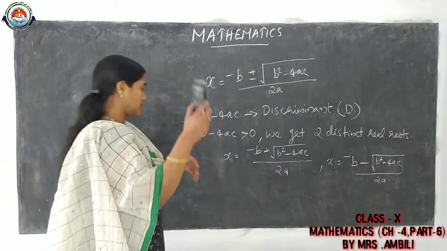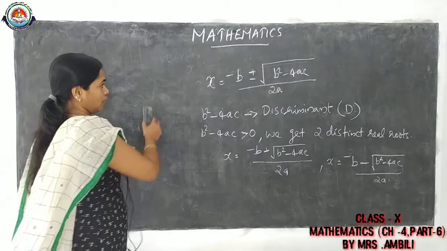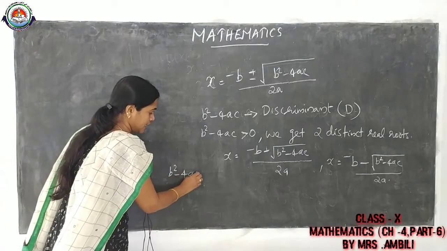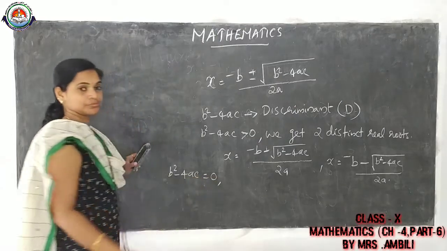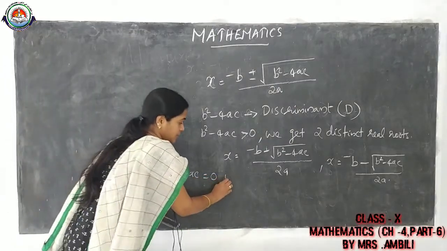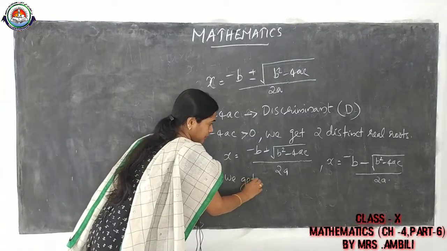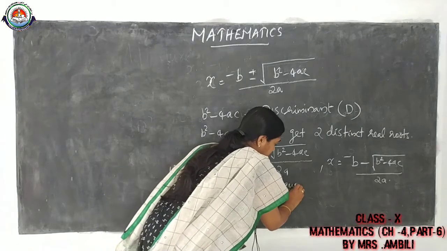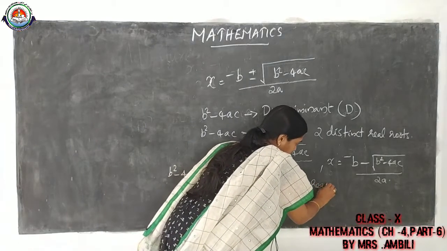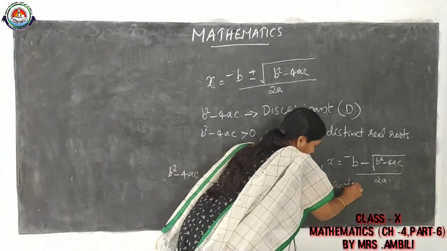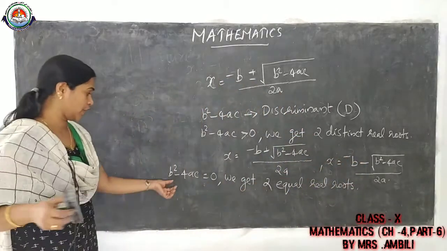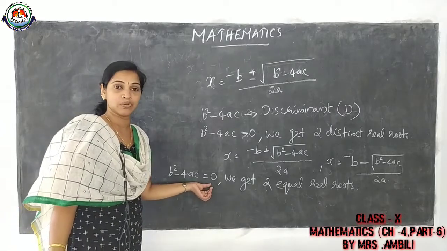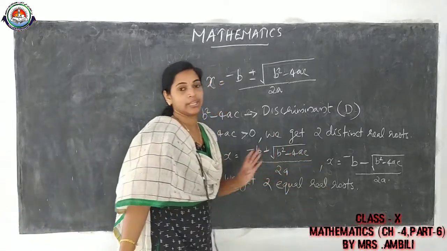Then one more case. If b square minus 4ac is equal to 0, we get two equal real roots.